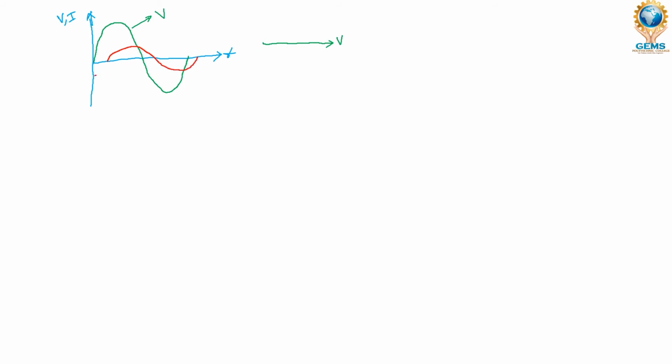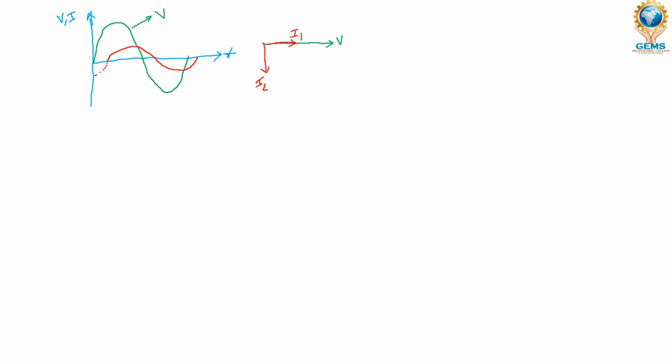It will start somewhere here. Actually, in this RL circuit, in case of inductive circuit, current is IL. In case of resistive circuit, in inductive circuit, current is lagging by 90 degrees. In resistive circuit, current is in phase.